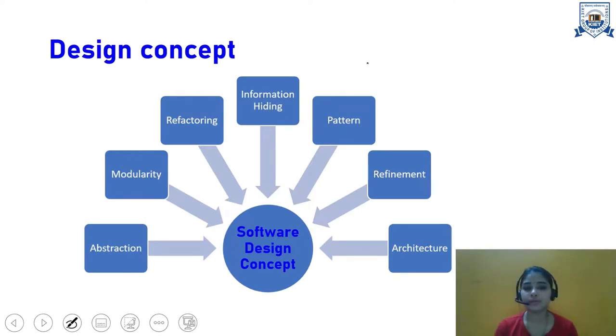So first is abstraction. Abstraction is hiding the detailing, to hide the details of the process, to reduce the complexity and increase the efficiency. By hiding the detailing, we can increase the efficiency. I hope you have seen a mobile charger. A mobile charger has a complex chip.